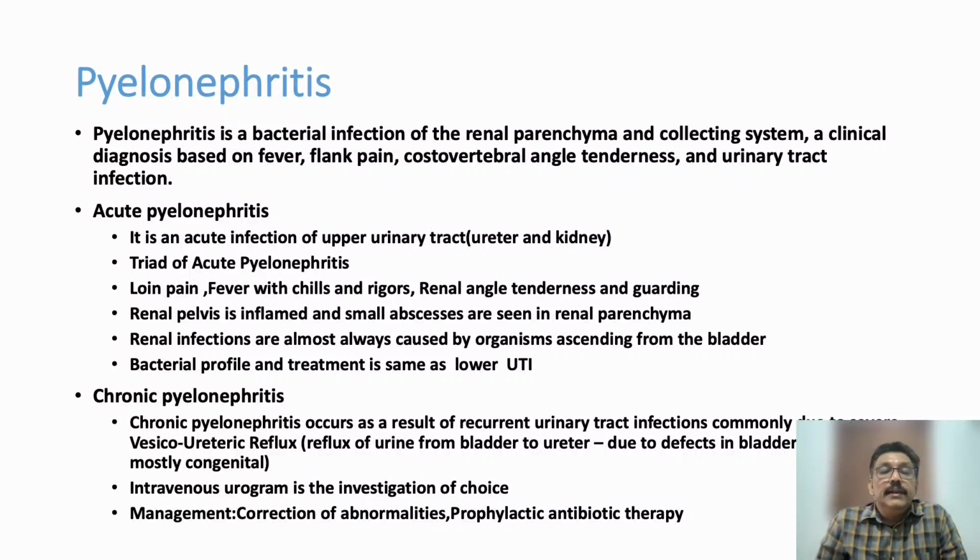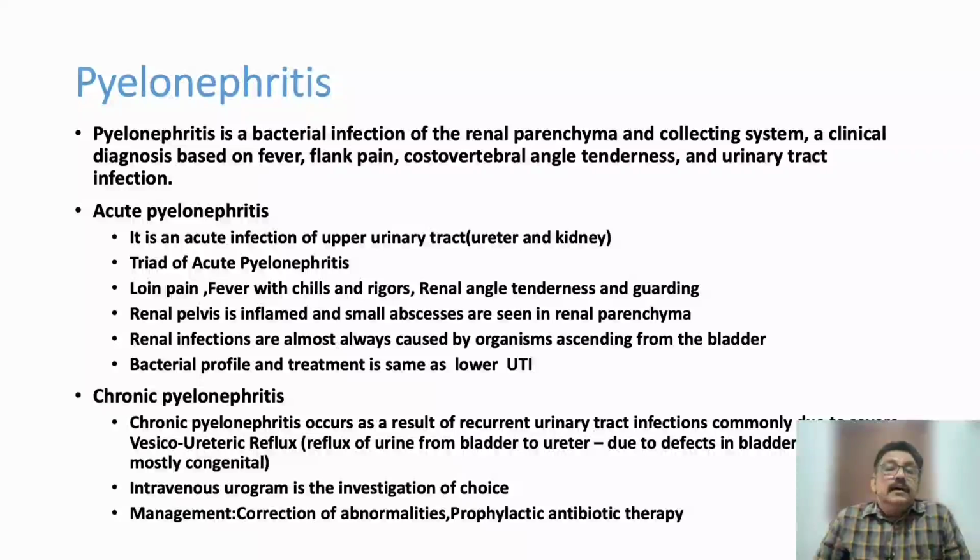Both acute and chronic pyelonephritis can be seen in many patients. In chronic pyelonephritis, we have to be very careful because we need to evaluate thoroughly to rule out conditions like vesicoureteral reflux and bladder abnormalities.